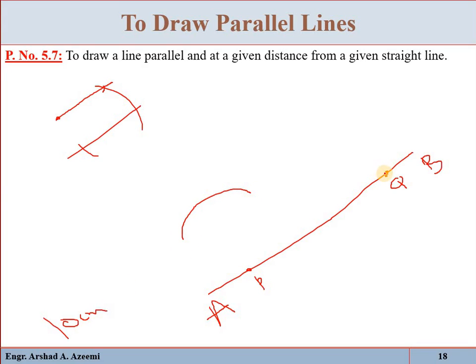Now with center Q and the same given distance, mark here an arc. Now just draw a line touching these two arcs. So it will be the parallel line to AB at the given distance.